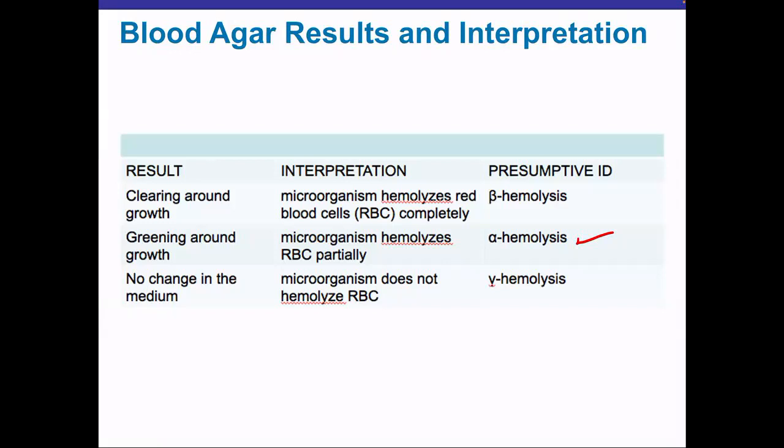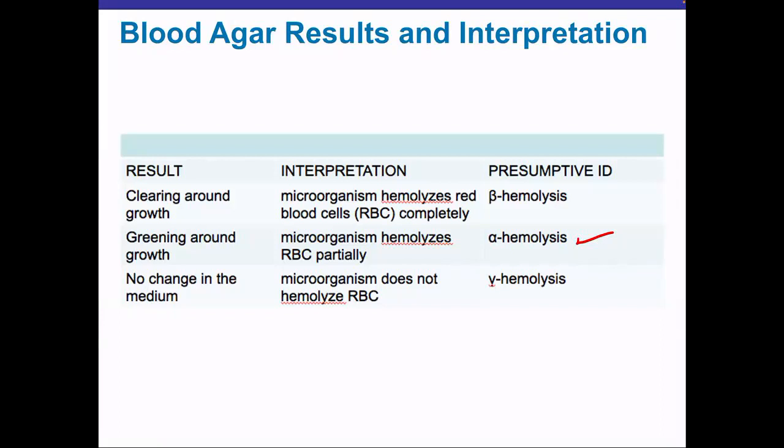And that gives a greenish color on blood agar. By that I mean the agar under and around the bacterial colonies is dark and greenish. It's also called, by the way, green hemolysis because of the color change in the agar.